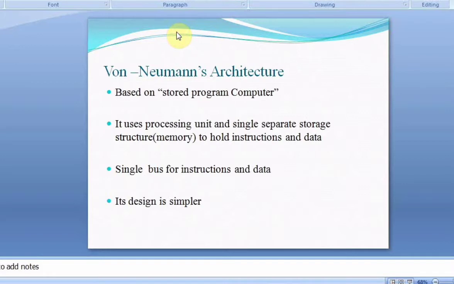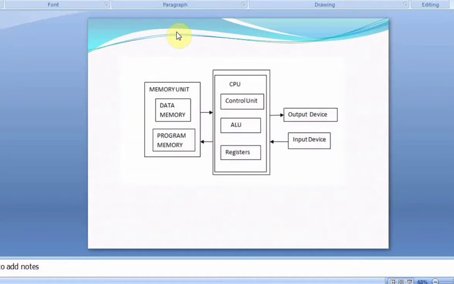But as only one physical memory and a single bus are there, it gives rise to a simpler design in Von Neumann architecture. Now this is a block diagram for the architecture.